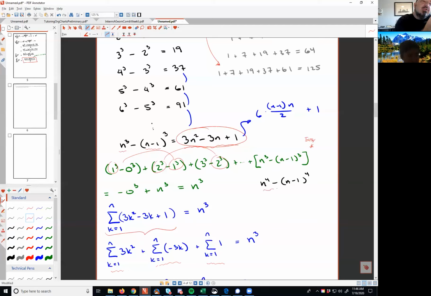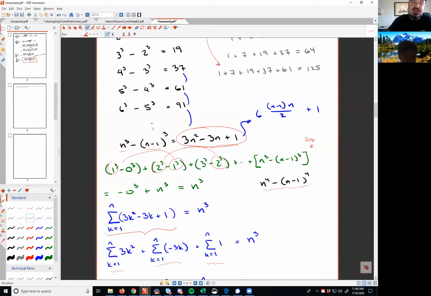What could we do with the differences between 4th powers? Would that allow us to derive anything new? Maybe. If it did, what would it be? Don't know. Do that subtraction right there. What's n to the 4th minus n minus 1 to the 4th?